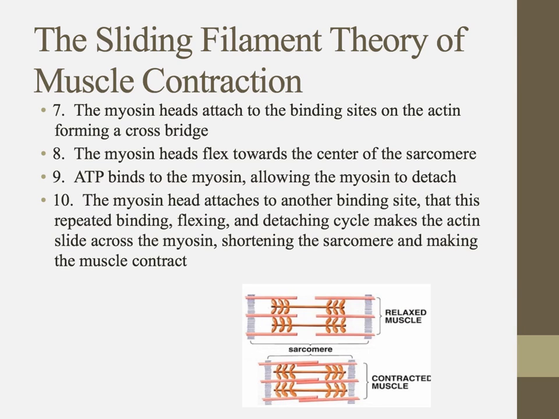Then we're into the sliding filament theory. Once those heads are exposed, the myosin heads attach to the binding sites, forming a cross bridge. That's definitely something you need to put in your mental tool bank. The myosin head is going to flex towards the center of the sarcomere, so something like this.